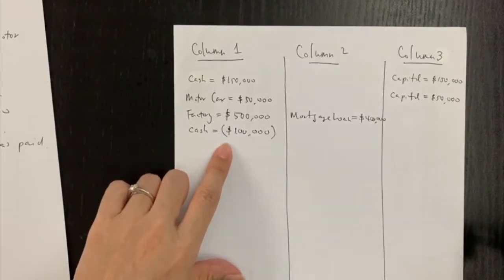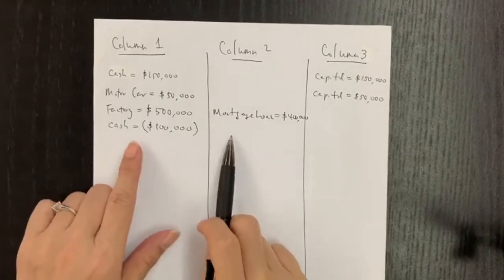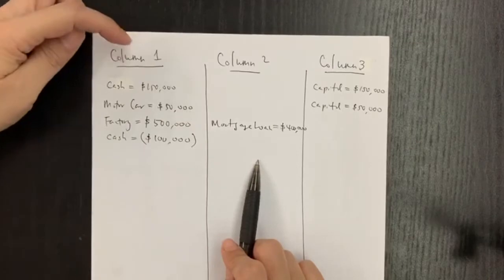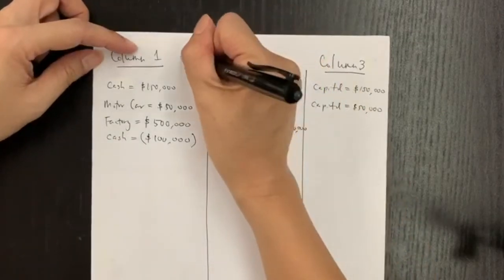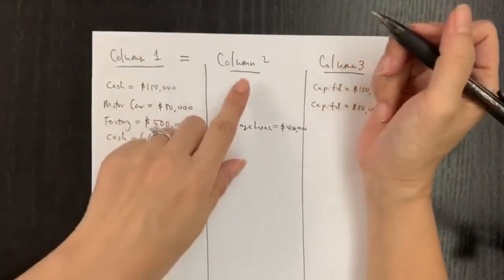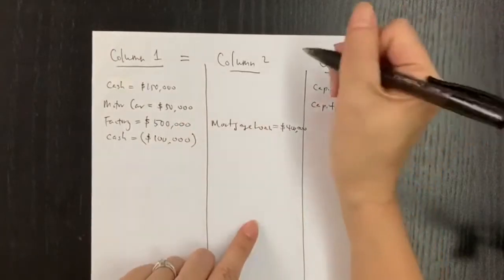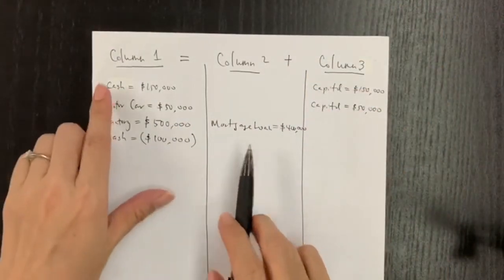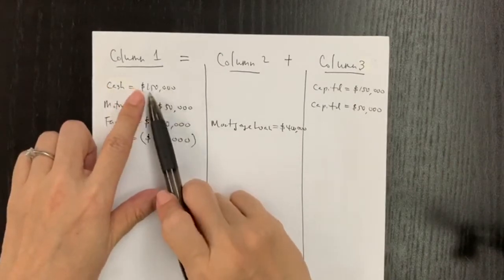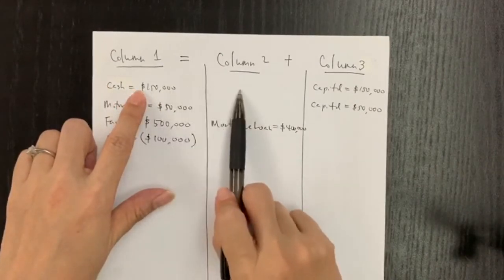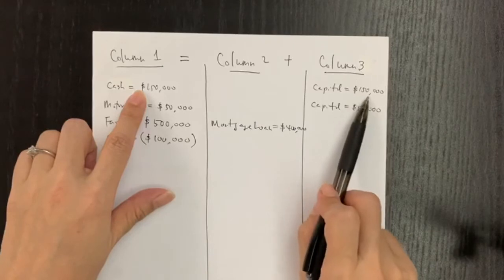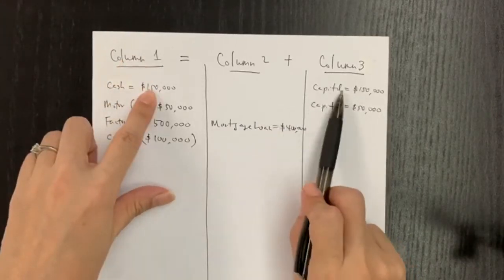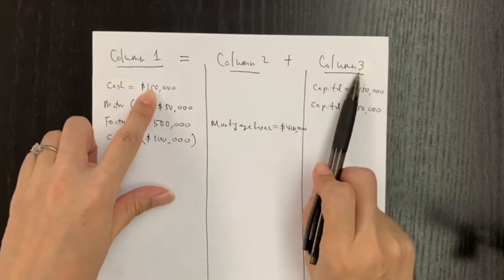All right. Before we move on to day 4, let me tell you that what we have in column 1 is always the same as the sum of column 2 and column 3. So let's check whether it is correct or wrong. Day 1, column 1 is 150,000, and column 2 has nothing, so column 1 is the total of 2 and 3, right?